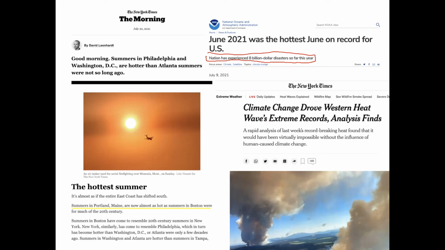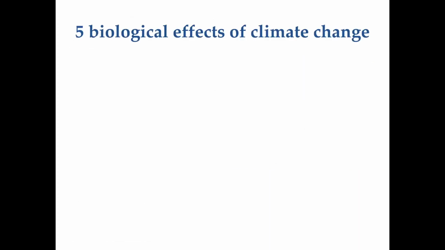And here again is an article that explains that all of those changes could not be happening if it were not for climate change. So we are already experiencing all of those effects, but those effects go much further than just the way we experience summers and winters.